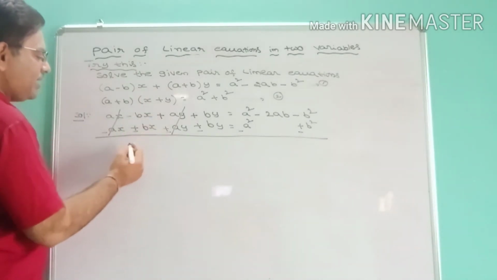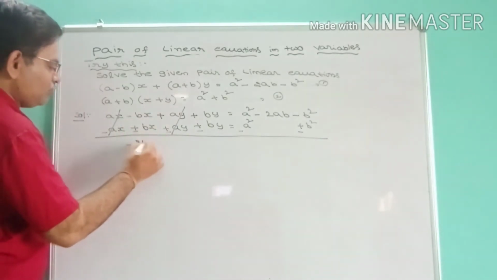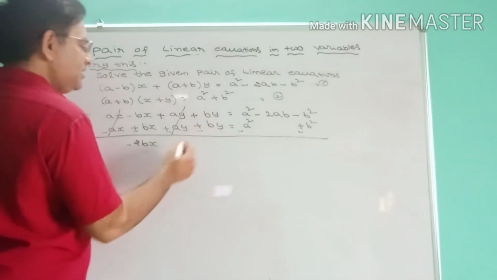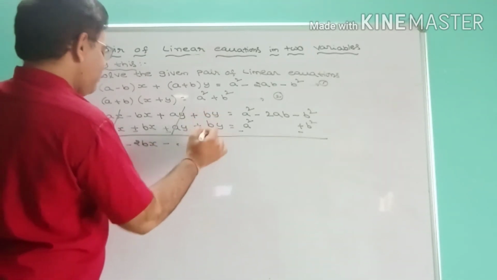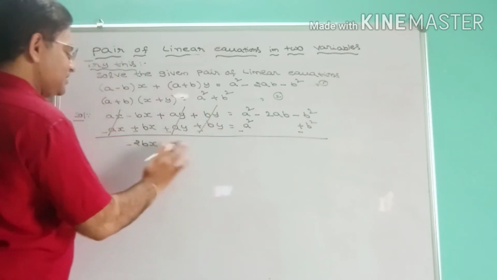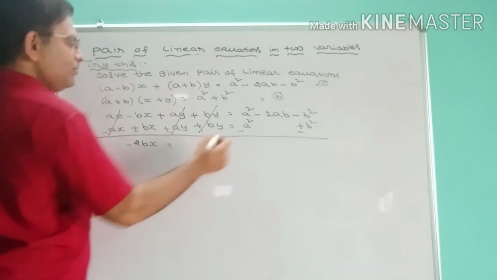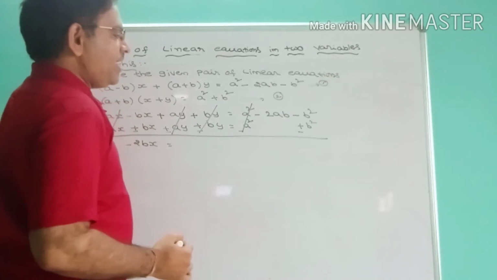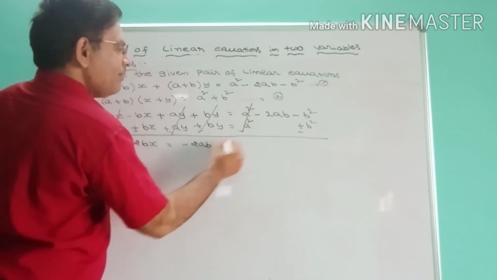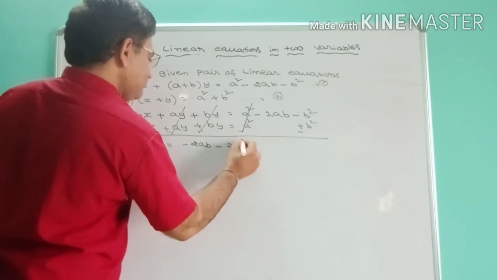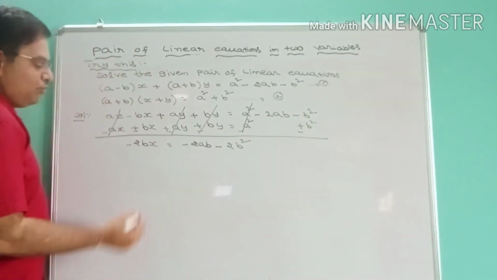Minus bx minus bx is minus 2bx. Next, plus by minus by is also cancelled. That equals a square minus a square cancelled, minus 2ab minus 2b square.